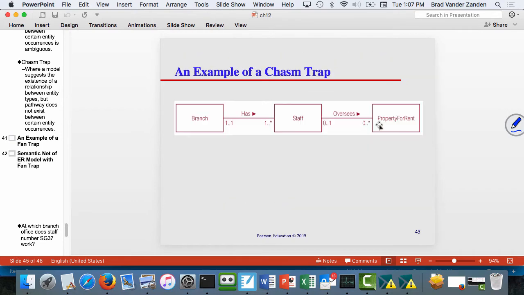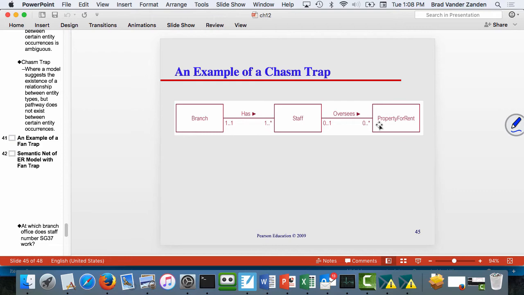Okay, then the second common example of a problem is this chasm trap. So here we have a branch has one-to-many staff, and a staff can manage some number of properties. And a question we might legitimately ask is, which branch manages some property?